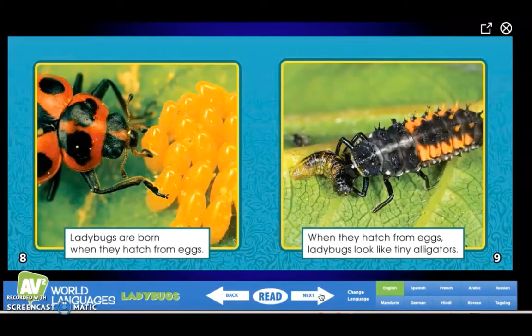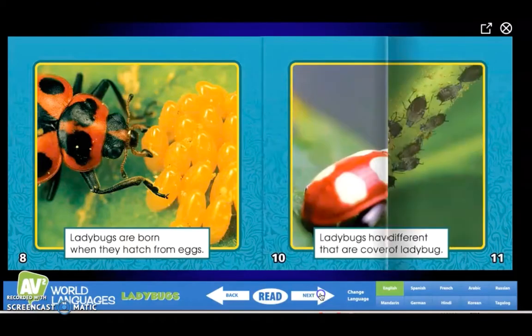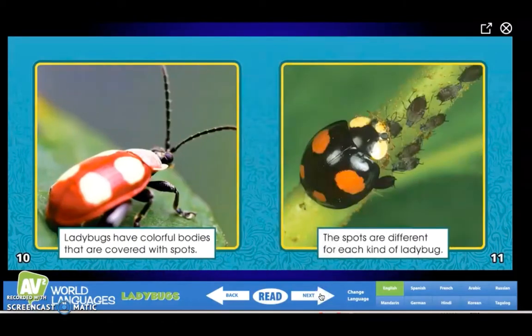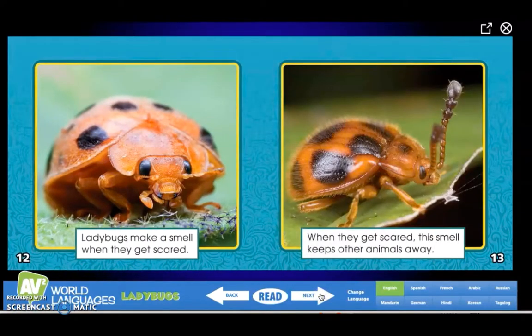When they hatch from eggs, ladybugs look like tiny alligators. Ladybugs have colorful bodies that are covered with spots. The spots are different for each kind of ladybug. Ladybugs make a smell when they're scared. This smell keeps other animals away.